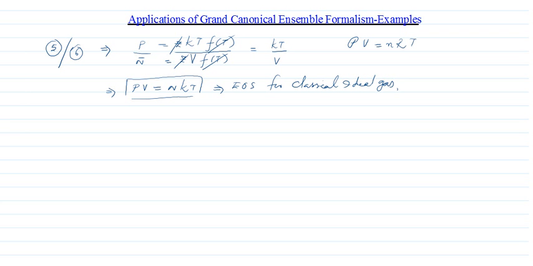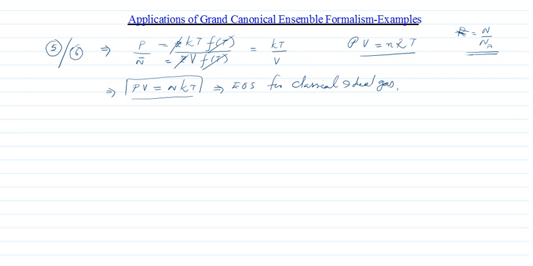Because you know that this n is equal to N by N_A, so that was the definition. You can just get all these expressions interrelated. Sorry, I just made a mistake.